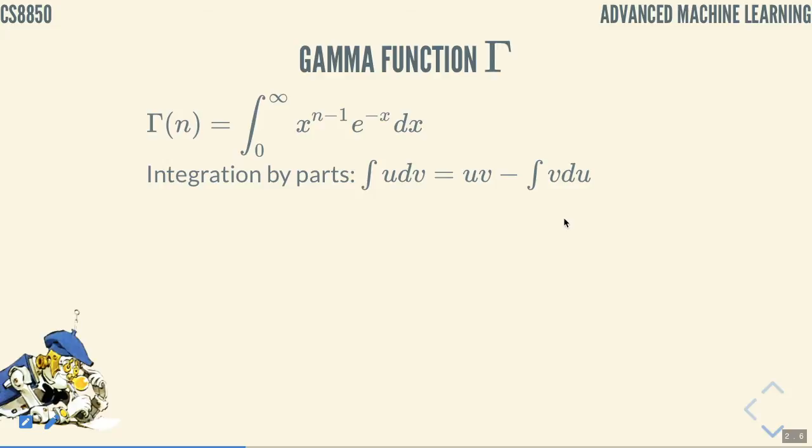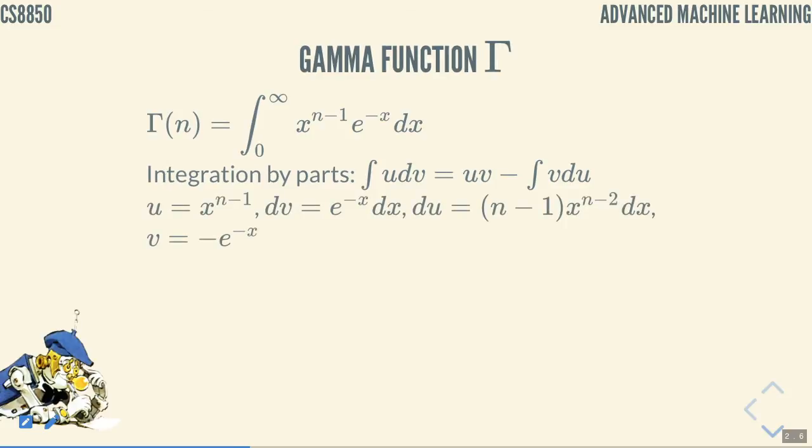So you're super comfortable. And for that, let's denote u is x to the power n minus 1, dv is this whole expression, e to the power minus x dx, and then du is just the derivative of x to the power n minus 1, and v is minus e to the minus x.